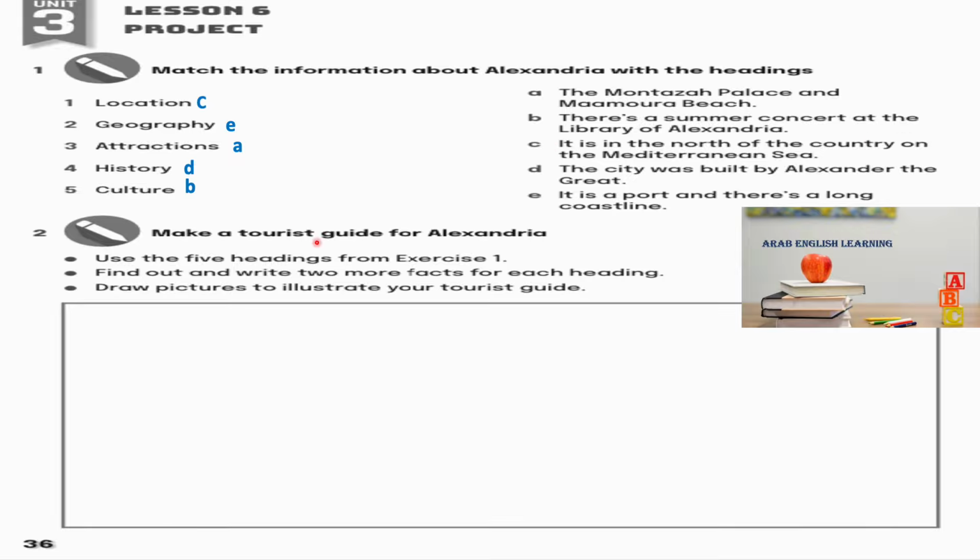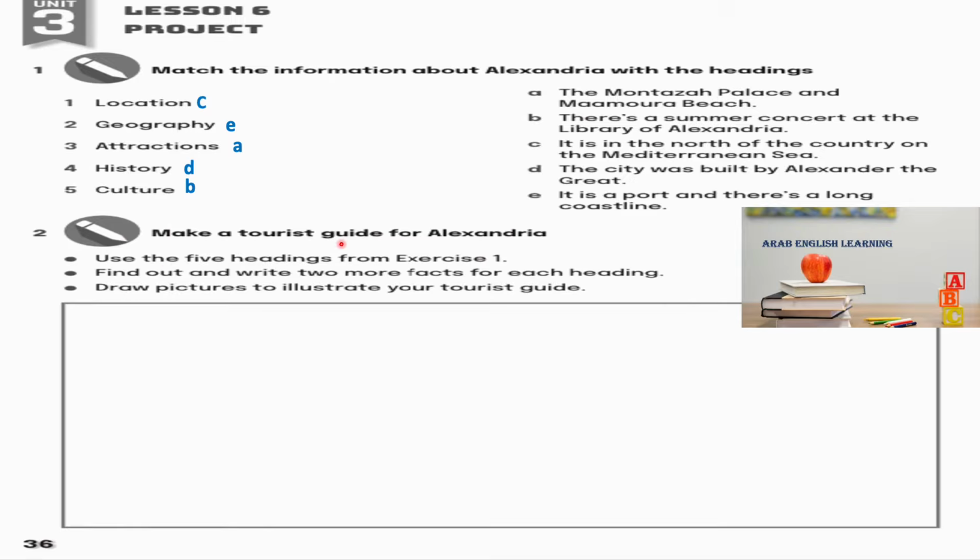Exercise 2. You will make a tourist guide for Alexandria. Point number 1. You will use the first headings from exercise 1 we just talked about. 2. You will find out and write 2 more facts for each heading, and this is your job. You will find it online. You can add more beaches, more places, more museums in Alexandria.